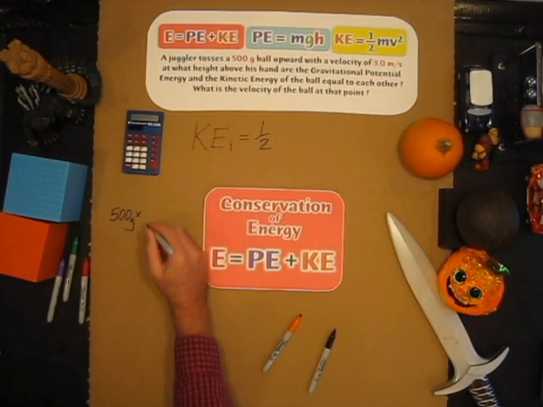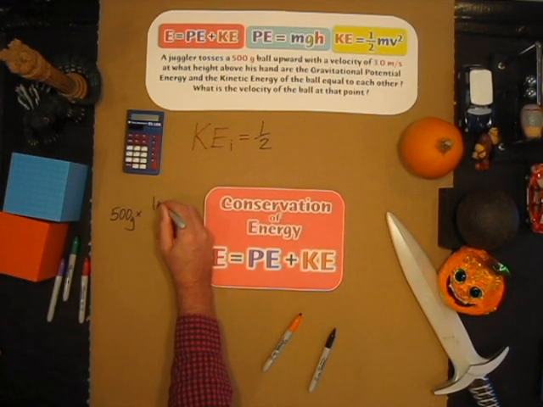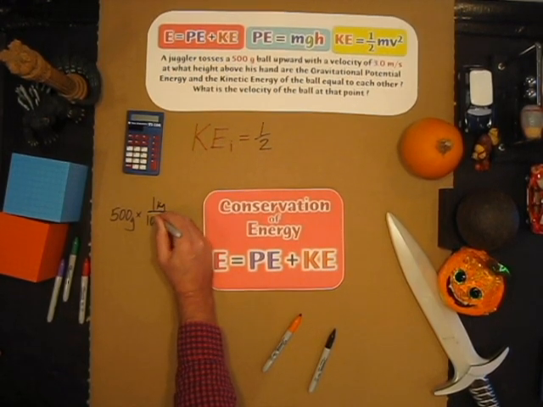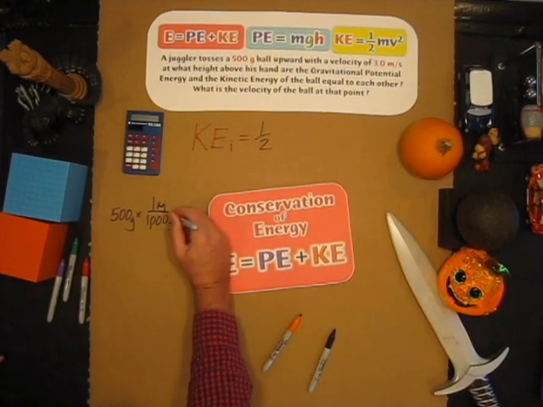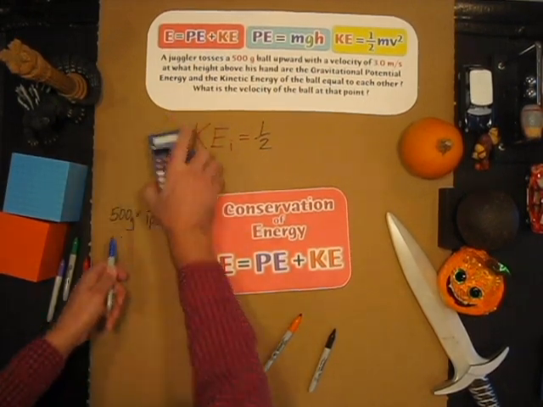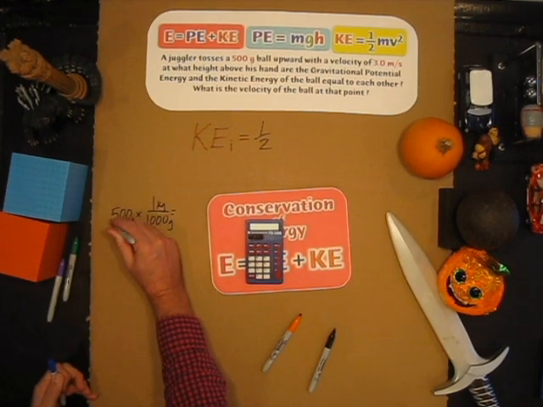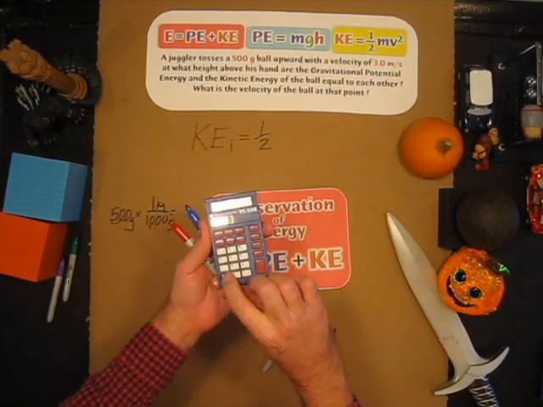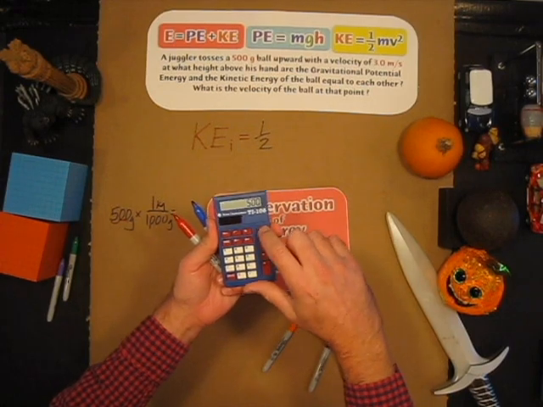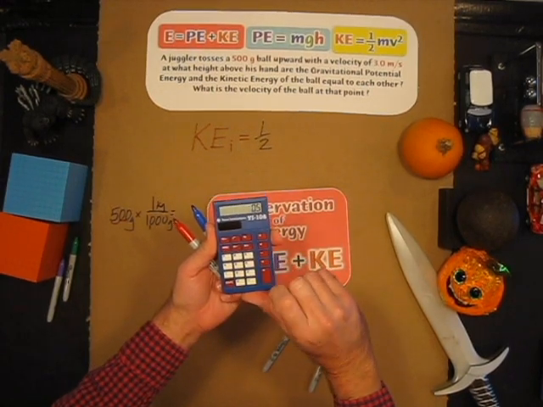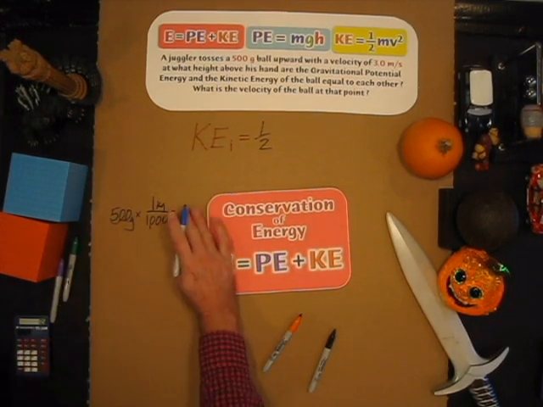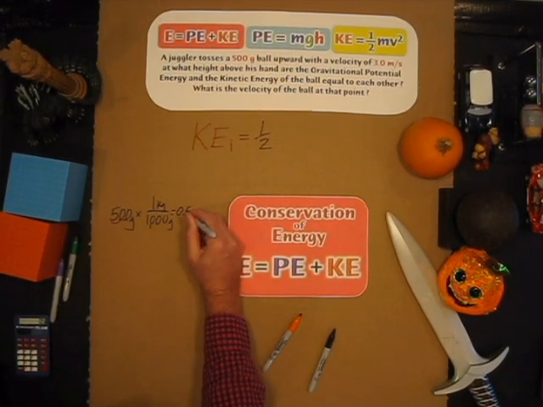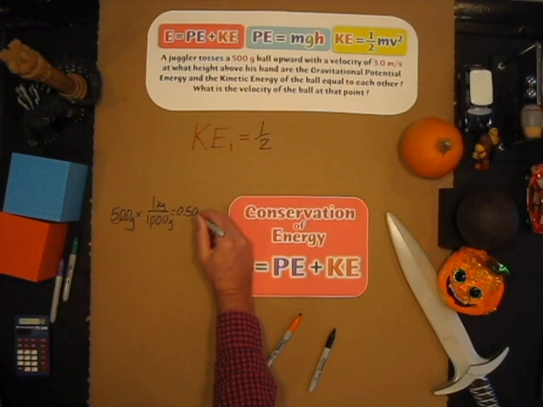So we multiply by 1 kilogram per 1,000 grams. It's like dividing by 1,000, and you probably knew to do that. It moves the decimal over 1, 2, 3 places. So 500 divided by 1,000 equals 0.5, so I'll put 0.50 kg.